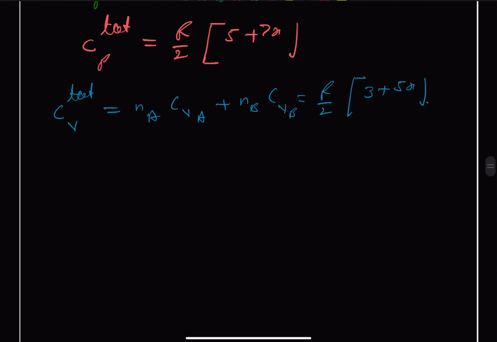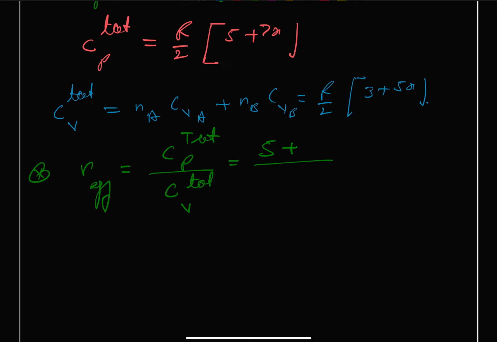So we can say that our gamma effective, that is our effective adiabatic ratio, will be equal to Cp of the total divided by Cv of the total, which will be equal to 5 plus 7x, and this is our R by 2, and we have this as 3 plus 5x, and this is also R by 2.